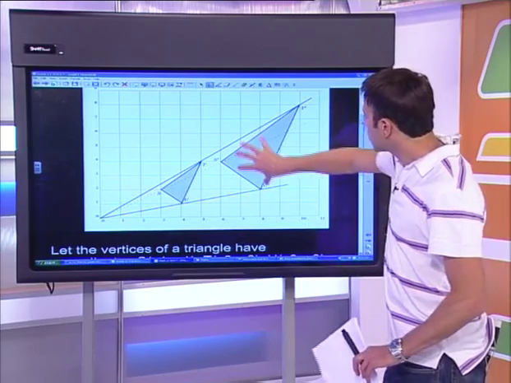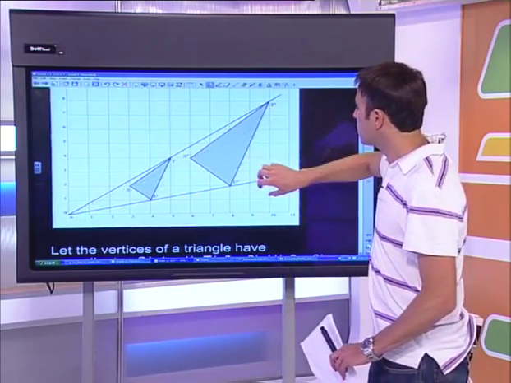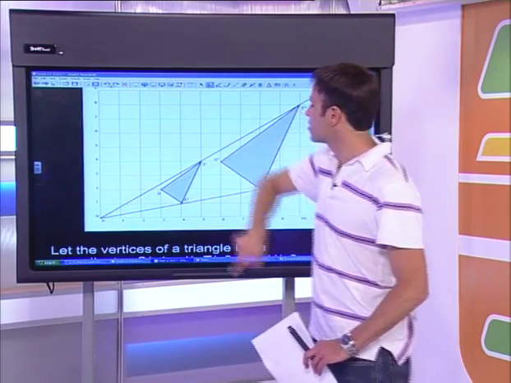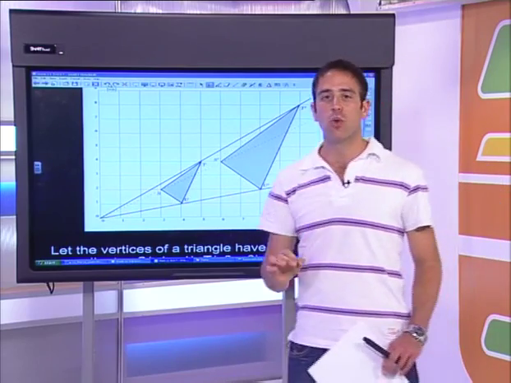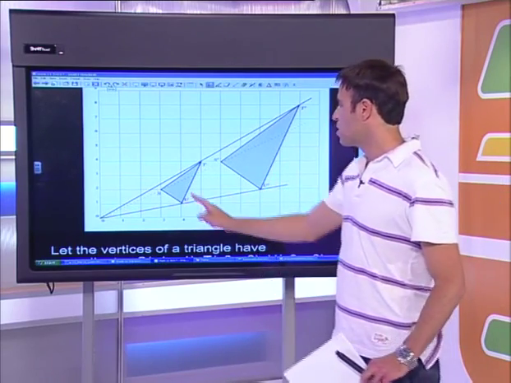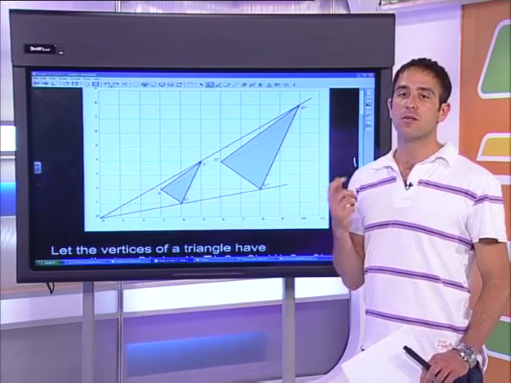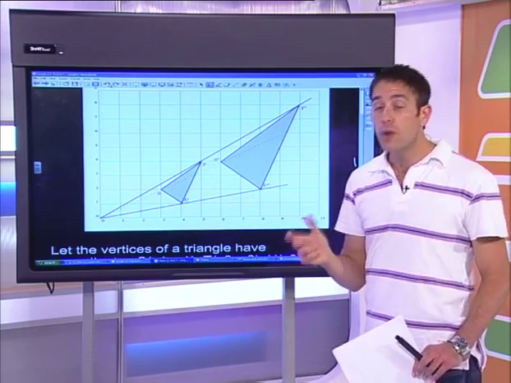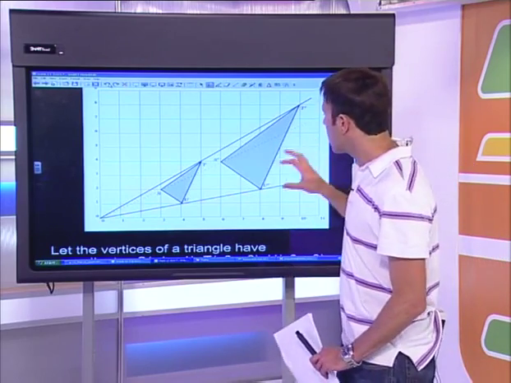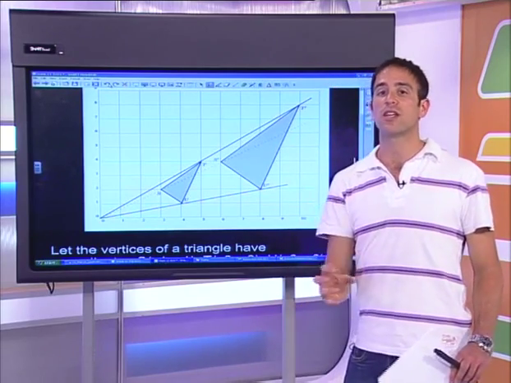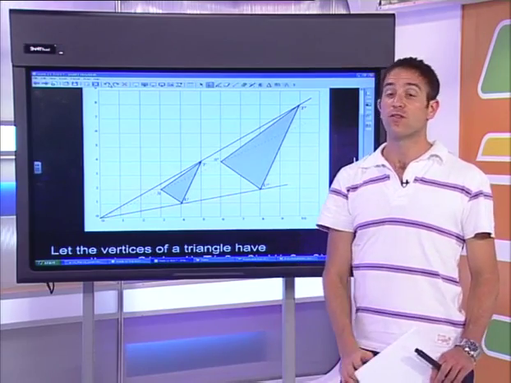If I had to buy paint to paint this triangle here, I would need 4 times more paint than the original STU. And how do I get that? It's S prime, T prime, U prime, the coordinates, and the scale factor is 2, 2 squared is 4. So it's 4 times more.